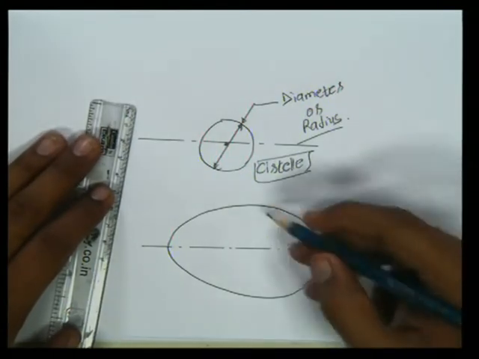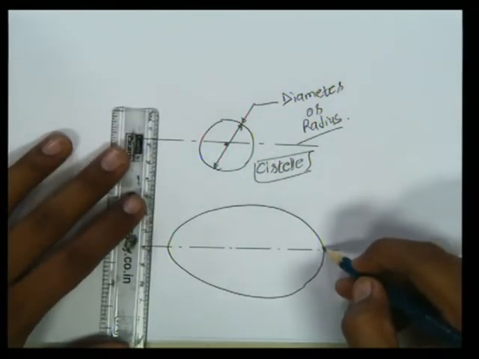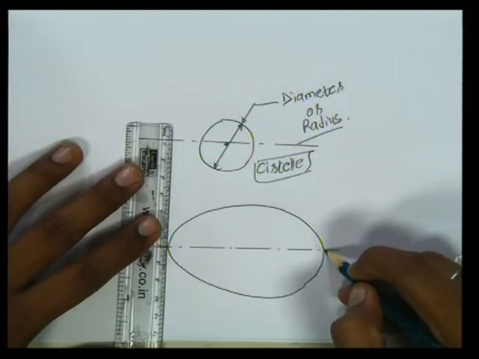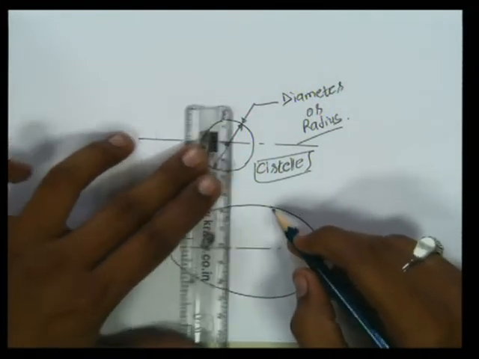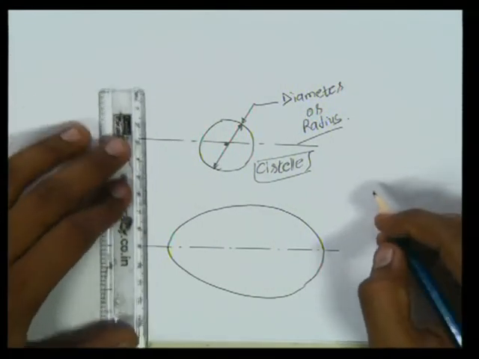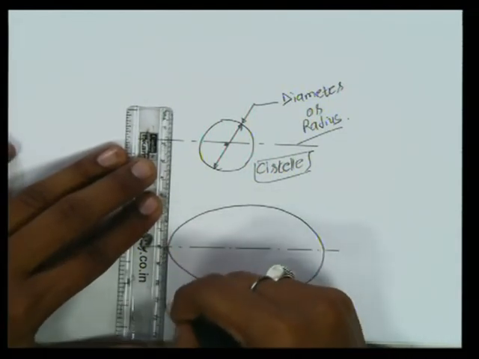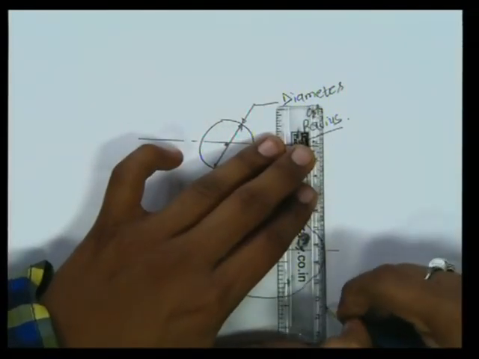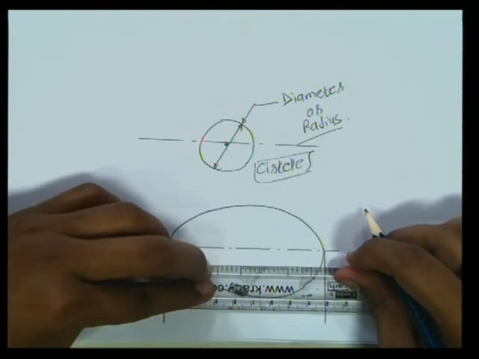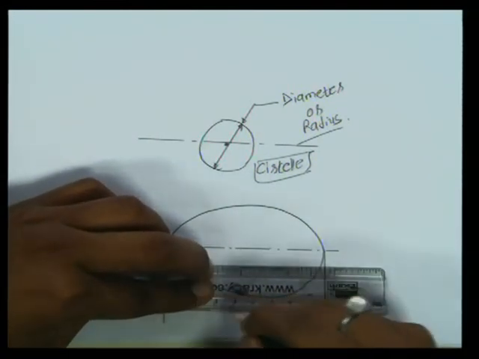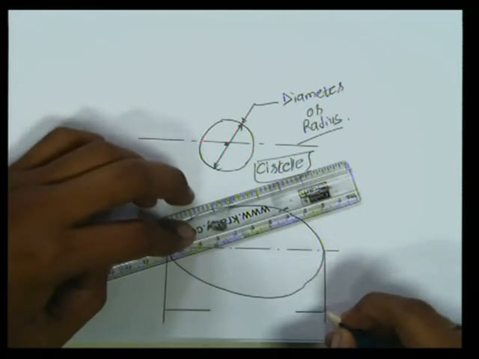As you can understand from the shape itself, it has one major diameter and one minor diameter. So in ellipse terminology, the major diameter is called the major axis.